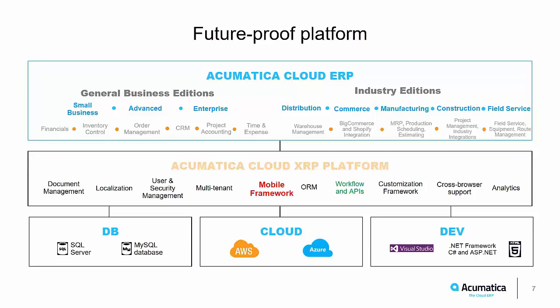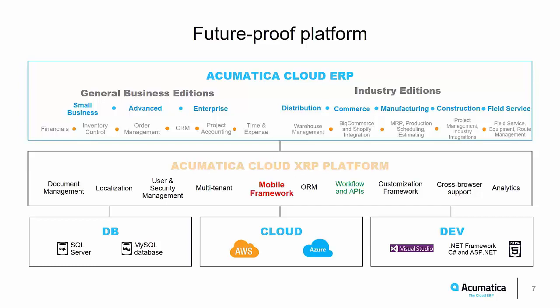It's got document management built in, workflow, and APIs, application programming interface, so that we can connect to many other solutions. Customized framework, built-in browser support, and dashboards. All of that is what we build on top of when we look at the upper box there.